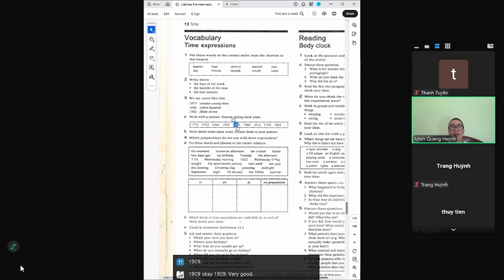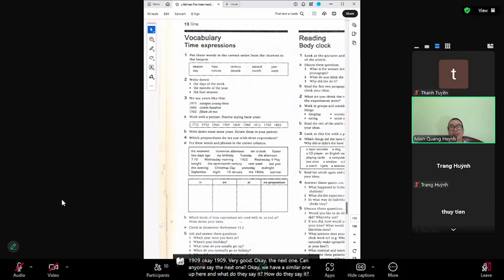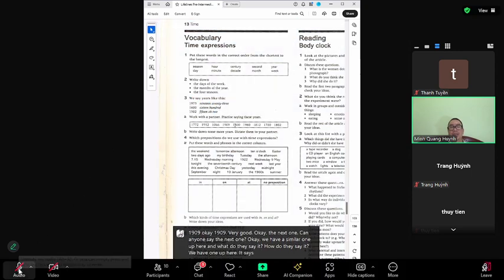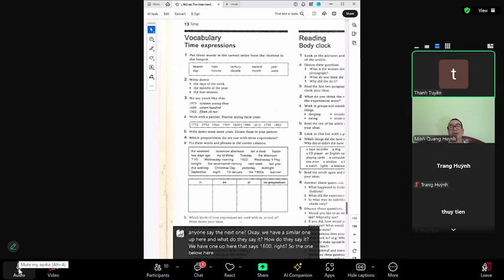Okay, the next one? Can anyone say the next one? We have a similar one up here. How do they say it? They say 1600, right? So the one below here is 1800. Very good. The next one? 1980. You say 1980, okay?